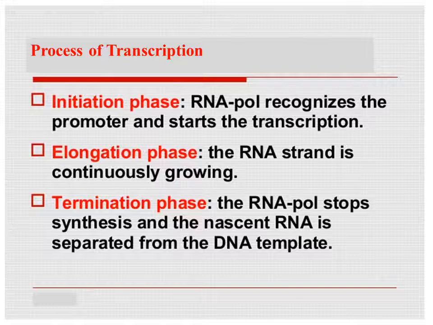Then we should know about the process of transcription, that the process of transcription is divided into three phases, three stages. So three steps. These three phases or stages are the initiation phase, elongation phase, and termination phase.